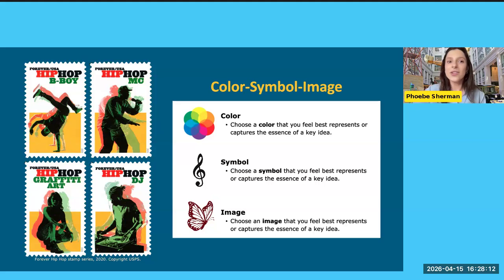And is there an image that comes to mind? It's okay if what you think of you're not actually seeing in the stamps, like if it's a different color or something. This is about you and your connections and your reflections. So feel free to share a color, a symbol, and an image about what these stamps make you think of.